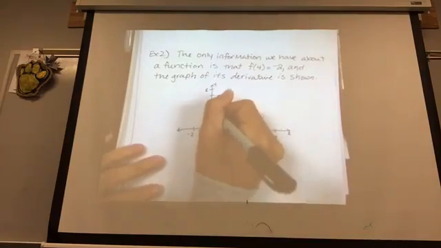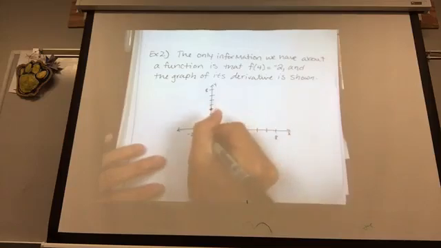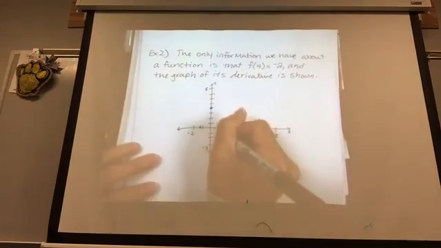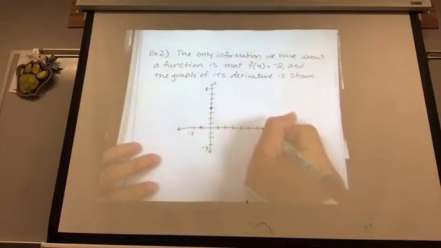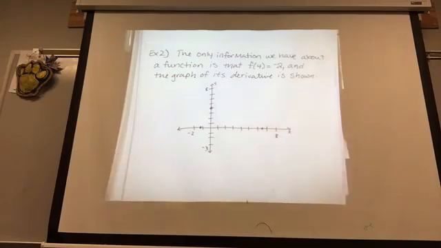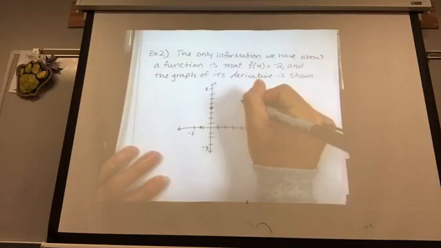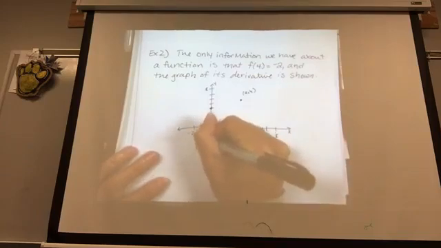We have a 0 just a hair past negative 1, and another 0 just a little past 6, in between 6 and 7. And I have an exact point at 4, 6. It is a parabola going through those points.